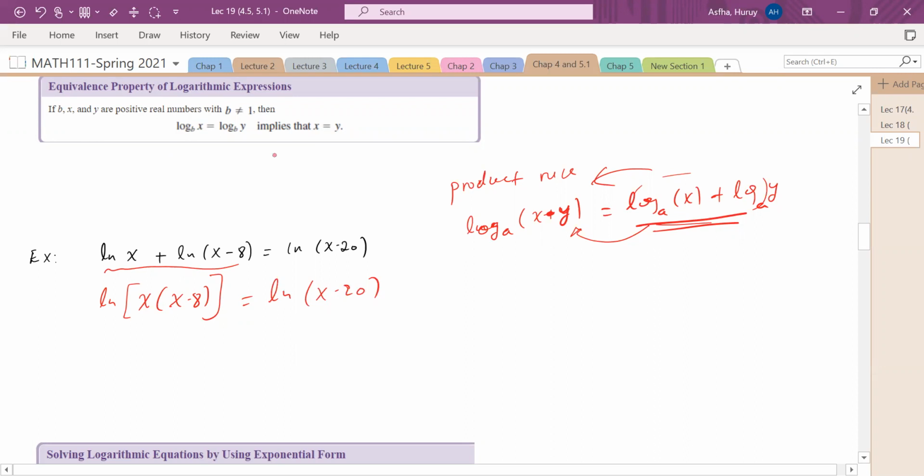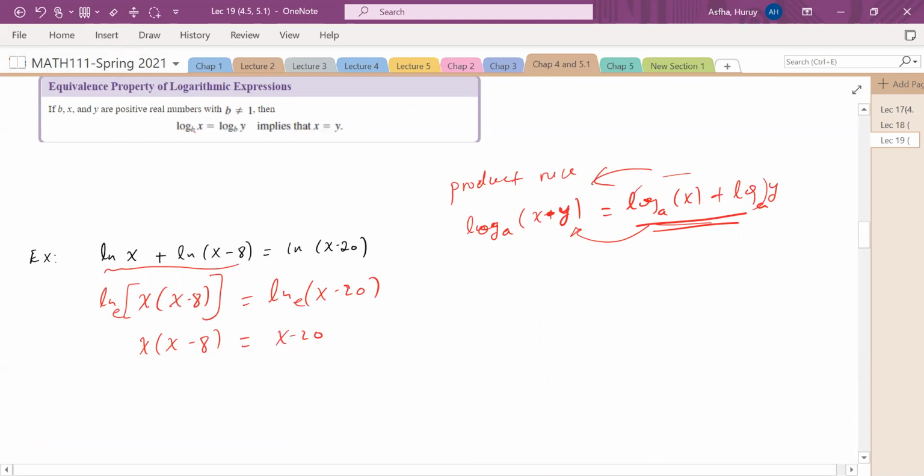So can we apply this one now? Because we have one ln on the left, one ln on the right. And ln means there is base e, both of them. Therefore, we have the same base, and that means the arguments have to be the same. So using this property, I will rewrite this one as x times (x minus 8) equals x minus 20.